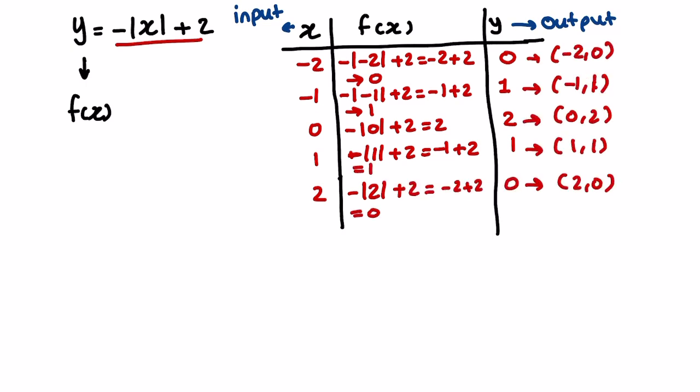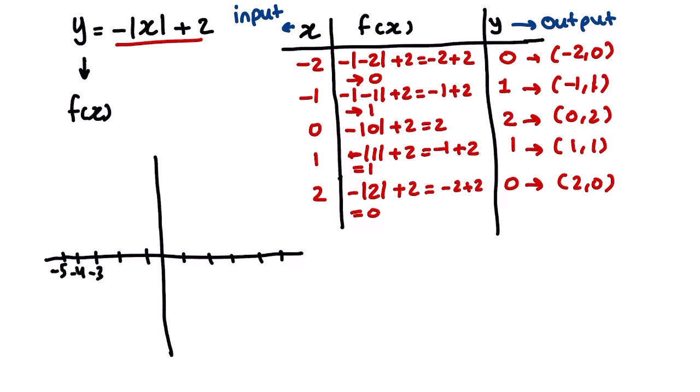I'm going to put those points on a graph of the coordinate plane like that. Okay, so 1, 2, 3, 4, 5. 1, 2, 3, 4, 5 in negative. Okay, 1, 2, 3, 4, 5.